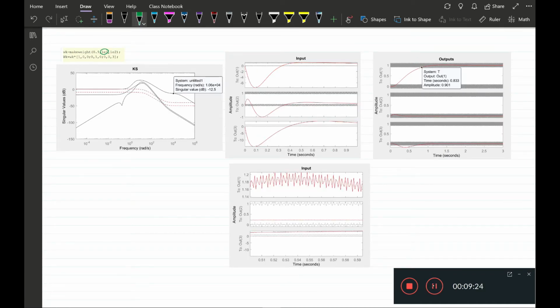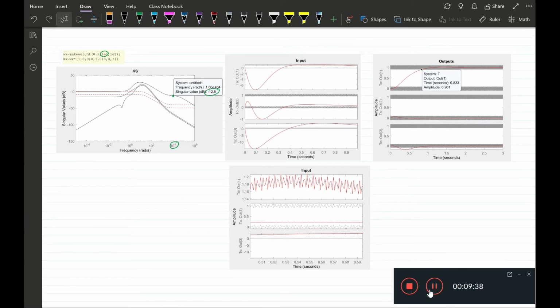Now here, with an excitation of 10 to the 4, the largest singular value is minus 12.5 dB, which is lower than in the previous iteration. And now we see that the oscillations, again in the zoomed in figure, are about plus minus 0.05 now, or 0.4 let's say.